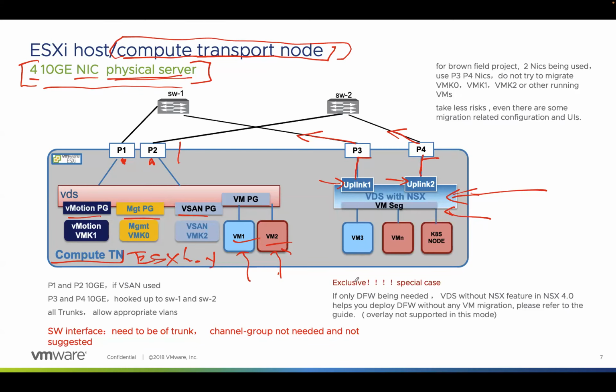That's it. And you just connect your production or simulated virtual machines onto this new VDS. So simply put, you just created a brand new VDS for P3 and P4, for your new virtual machines and for the NSX functions to be used on this new VDS.